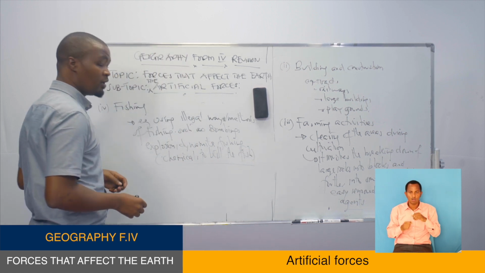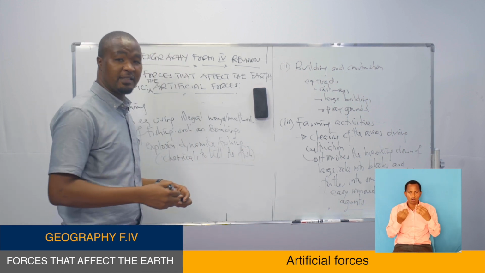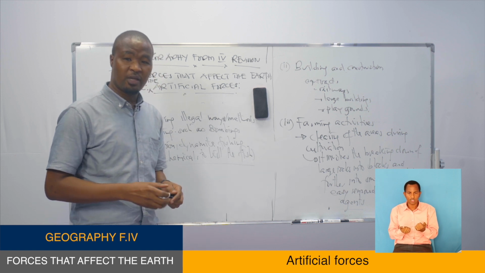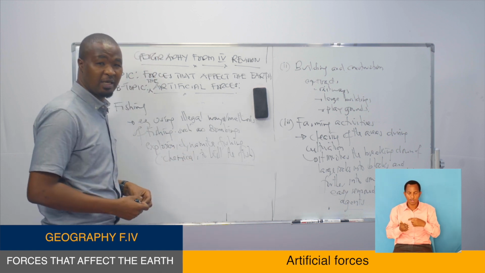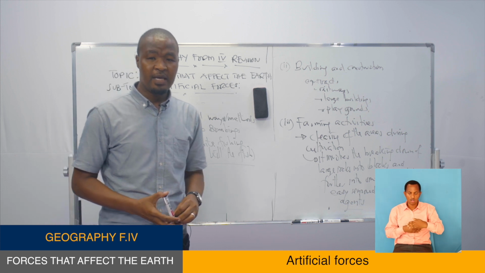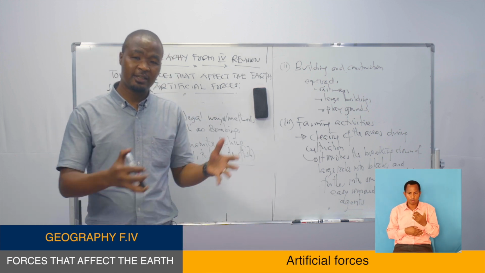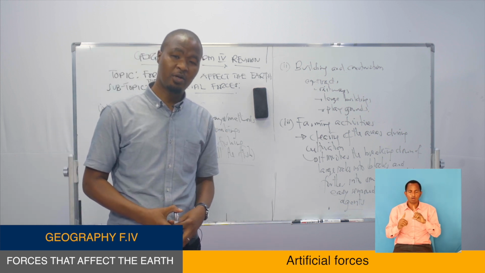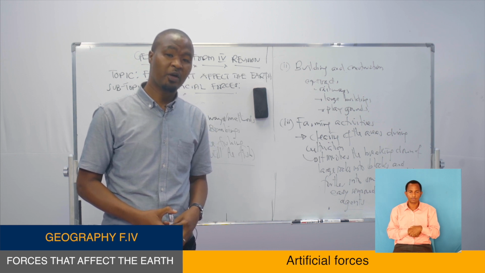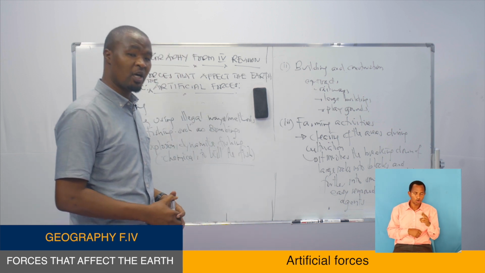All of this, in one way, may affect the rocks around these water bodies chemically, and they may be easily eroded or disintegrated into fine particles by the chemical weathering process. We have seen what is carbonation, hydrolysis, oxidation.